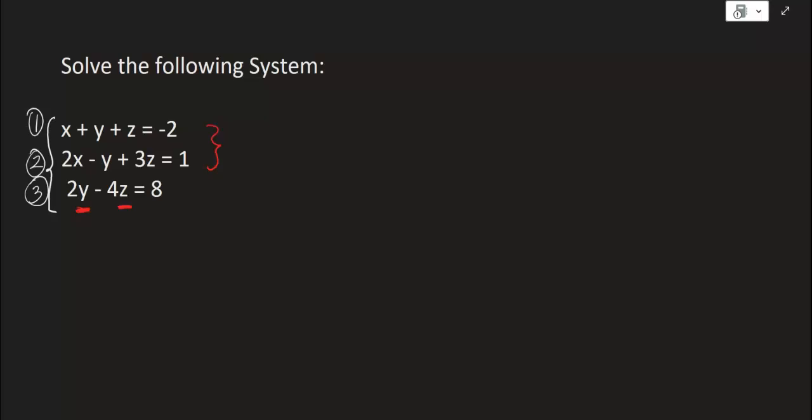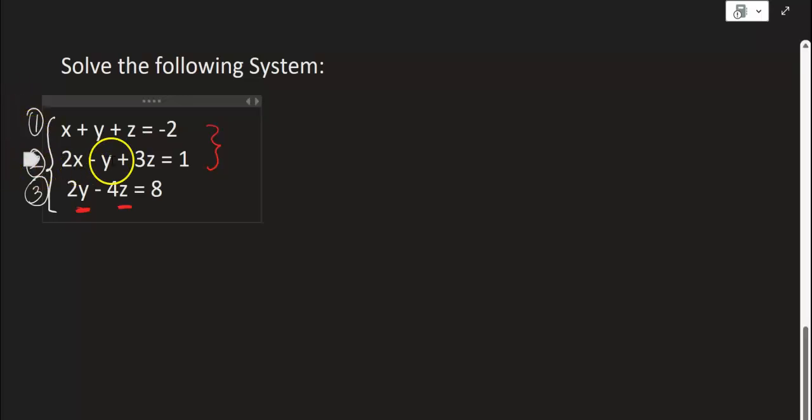The new equation we're going to get from equation 1 and equation 2 requires us to eliminate x from these two equations so that we only have y and z. The third equation is forcing us to do that, because that way we only have two equations and two unknowns.